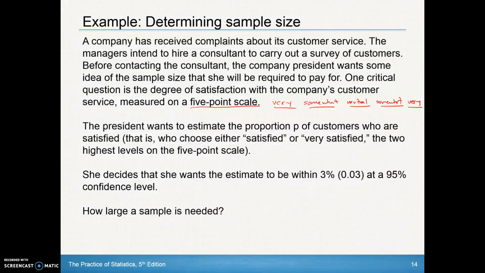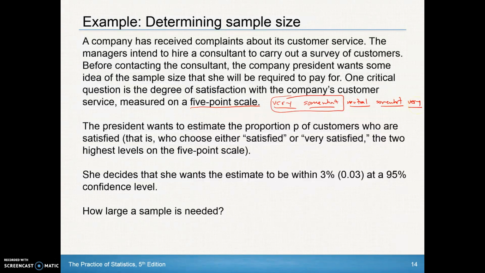The president wants to estimate the proportion P of customers who are satisfied. That is, who choose either satisfied or very satisfied. So the two highest levels on the 5-point scale. So in other words, people up in this area right here that are very satisfied or somewhat satisfied. People that are not neutral or somewhat dissatisfied or very dissatisfied.